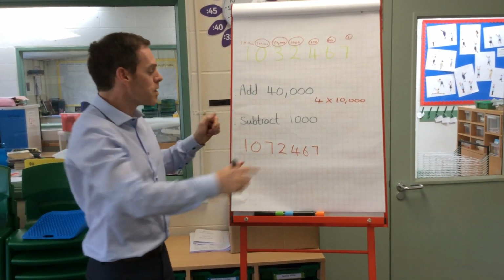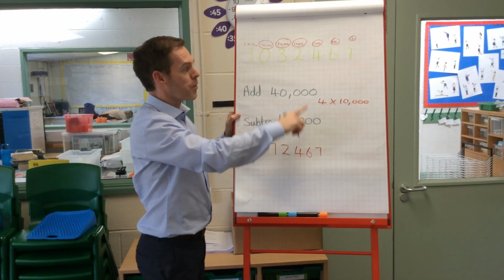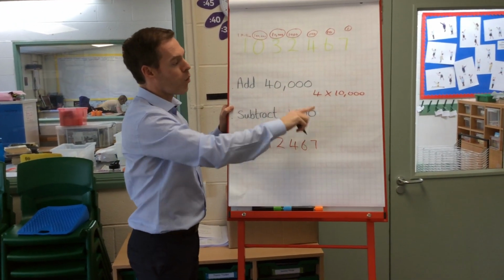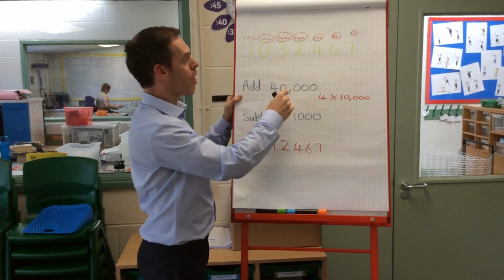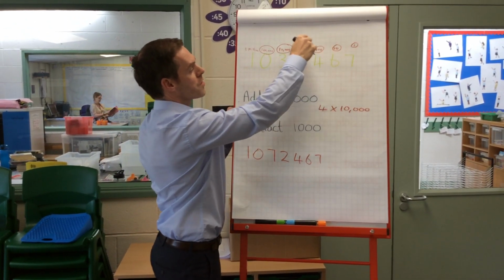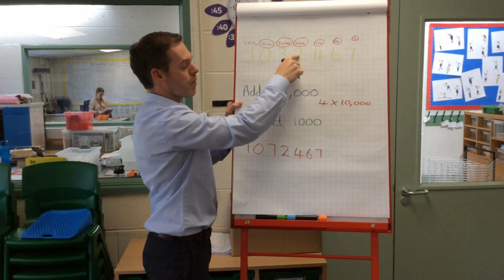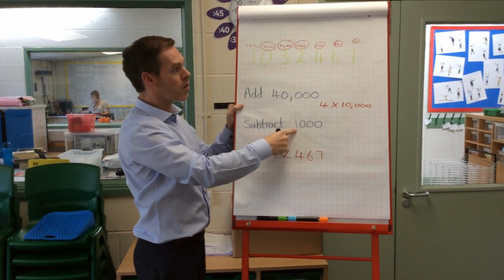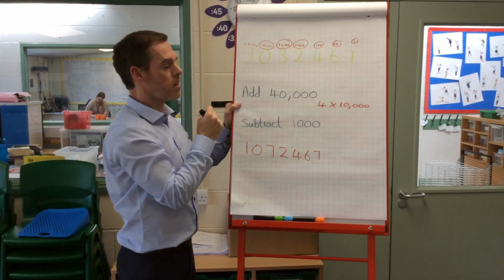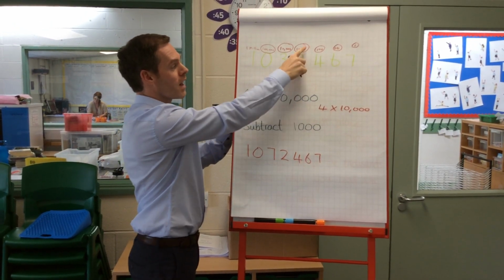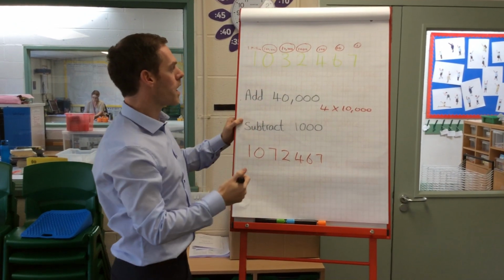Or somebody might ask me to subtract something from this number, and here it says subtract 1,000. So again, I can do that mentally. I'm just going to look at my 1,000 column. Ones, tens, hundreds, thousands. I've got 2 in there at the moment. I'm just taking away 1 of those thousands. So that's going to leave me with 1 still in there. If I've got 2, I'm taking 1,000 away. I'm going to be left with 1.